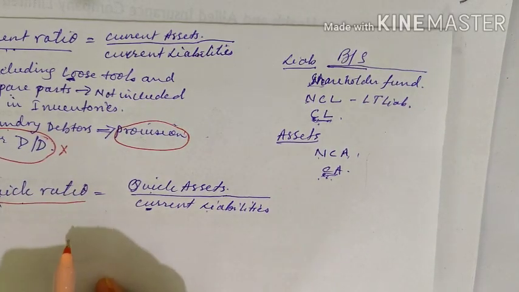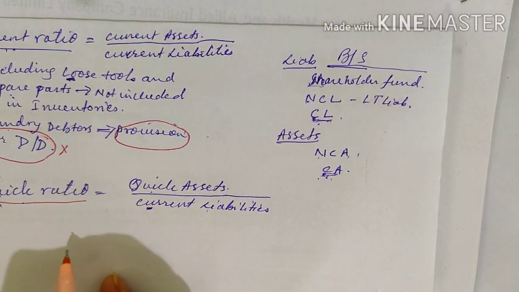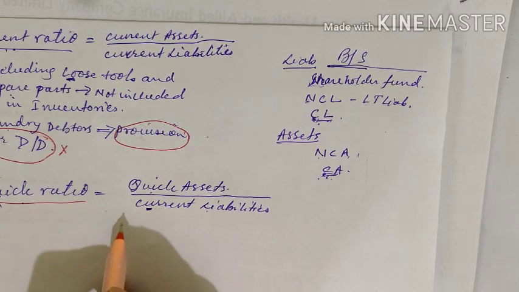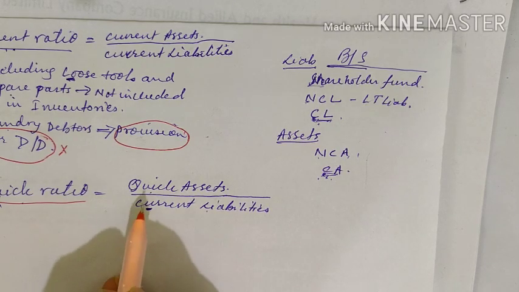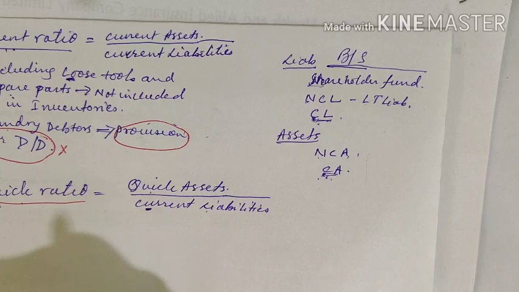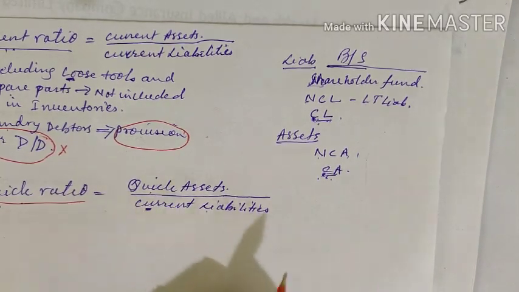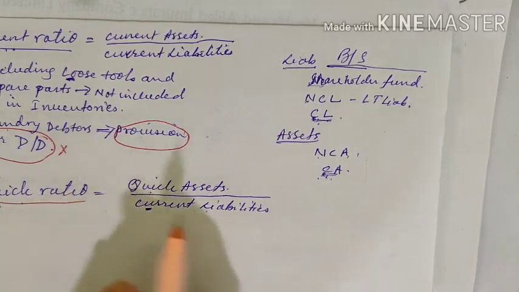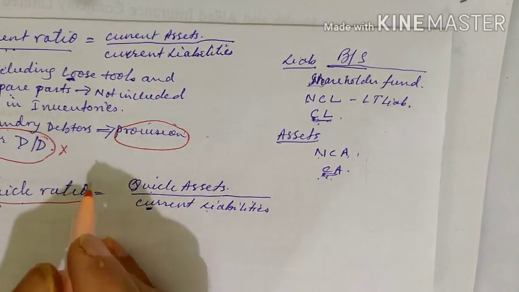Like inventory. Is inventory a quick asset? No, inventory is not a quick asset. What are inventories? These are stocks, unsold stocks. In order to get this unsold stock converted into cash, you have to sell it. Either you sell in cash or you sell on credit. If you sell in cash, it is immediately converted into cash.